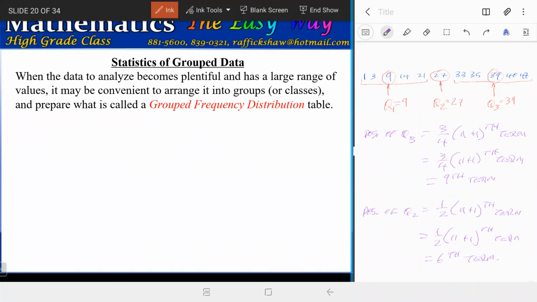You put the data in groups, or you call them classes. We prepare what we call a grouped frequency distribution table. And the statistics is different for grouped frequency, so the way you do things now will be different again. The way you find the mean is going to be different. The way you find the median is going to be different.